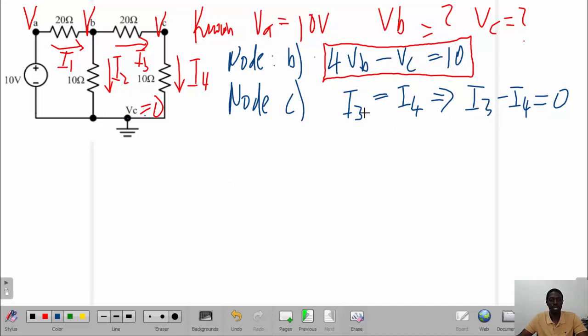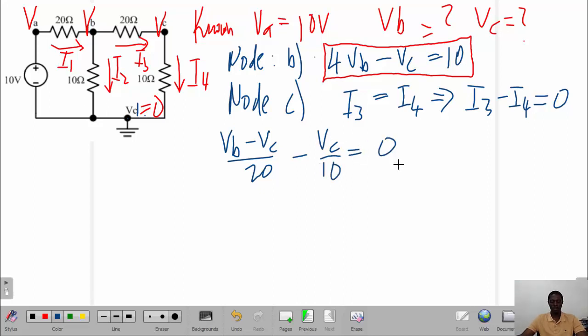Then we expand this. What is I3? I3 is VB minus VC over the resistance there, which is 20, minus I4. I4 is VC minus, we can label this as VD, which is 0. So it's simply VC over 10, and that must give us 0.